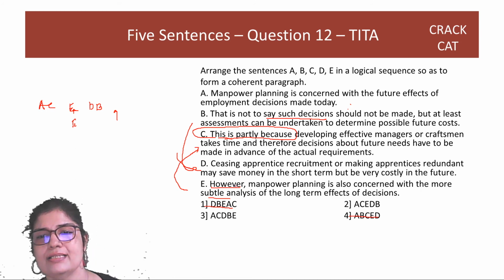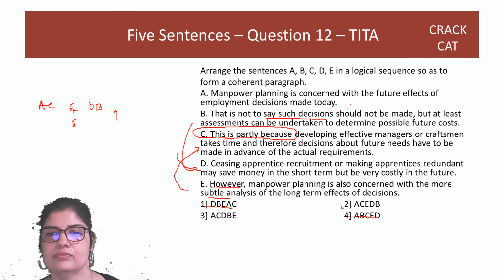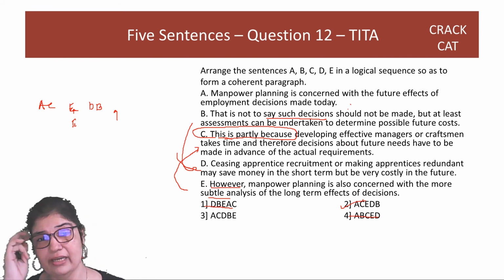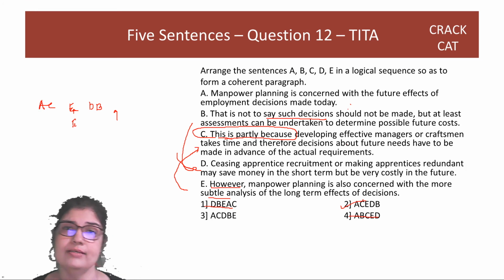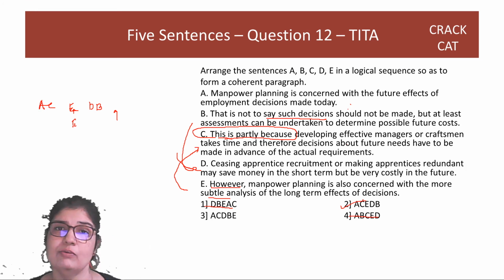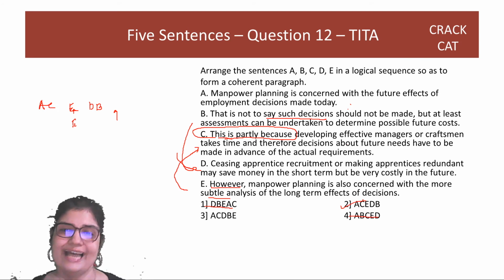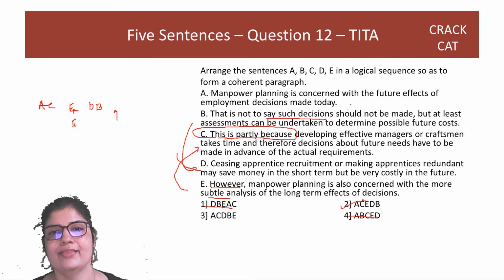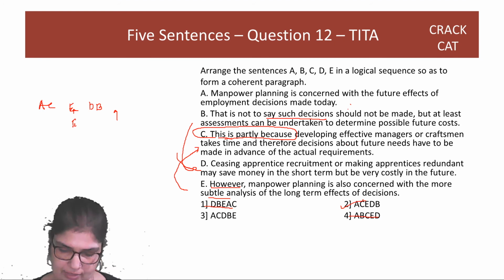So, your answer is A, C, E, D, B. Yes? Slightly tricky, guys. Thankfully, there is no AE link. Otherwise, there is a good chance that some of us may get this wrong. But it has to be A, C, and E. C explains A, and then E brings in a counterpoint, right?